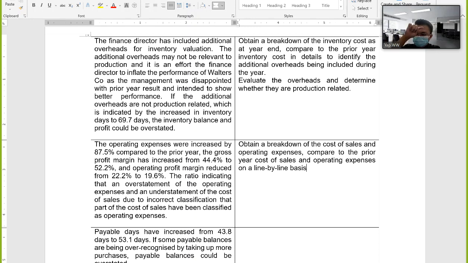That means you compare line by line. Like that, you can find out that last time production overheads were inside cost of sales, but now they are inside operating expenses.